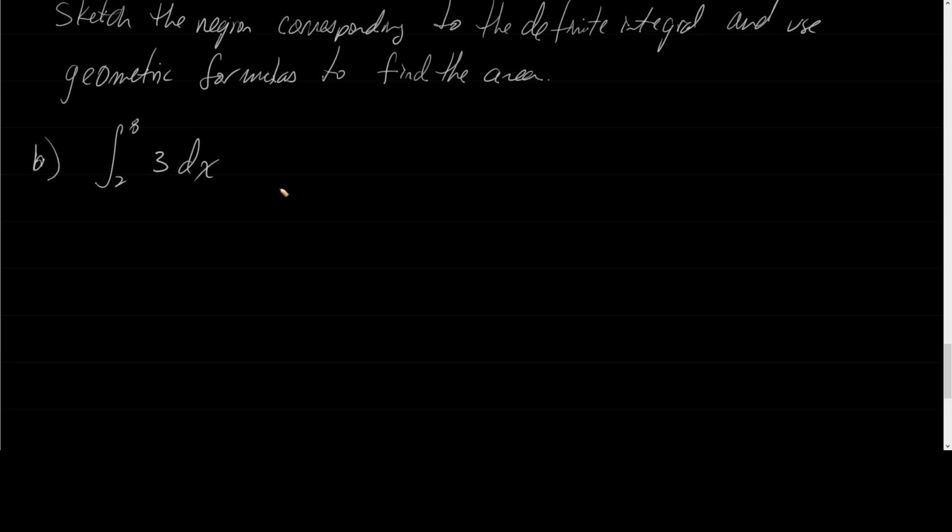All right, so what does this look like? Well, in here we're going to say this is the line 3. That's just this line. And we're going from 2 to 8. In here, well, what shape is that? That's a rectangle, right? And remember, this was at the height of 3.